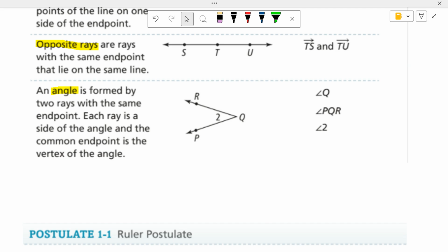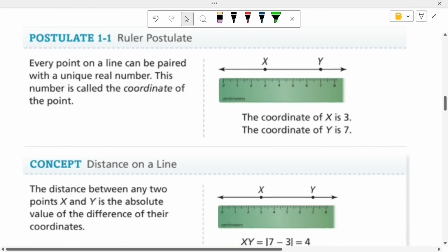So there's 3 angles there. So we can't just call it angle Q. We have to use the appropriate letters. But if this isn't here, now we can call that angle Q. Because there's only one angle, so there can only be one angle there for Q.